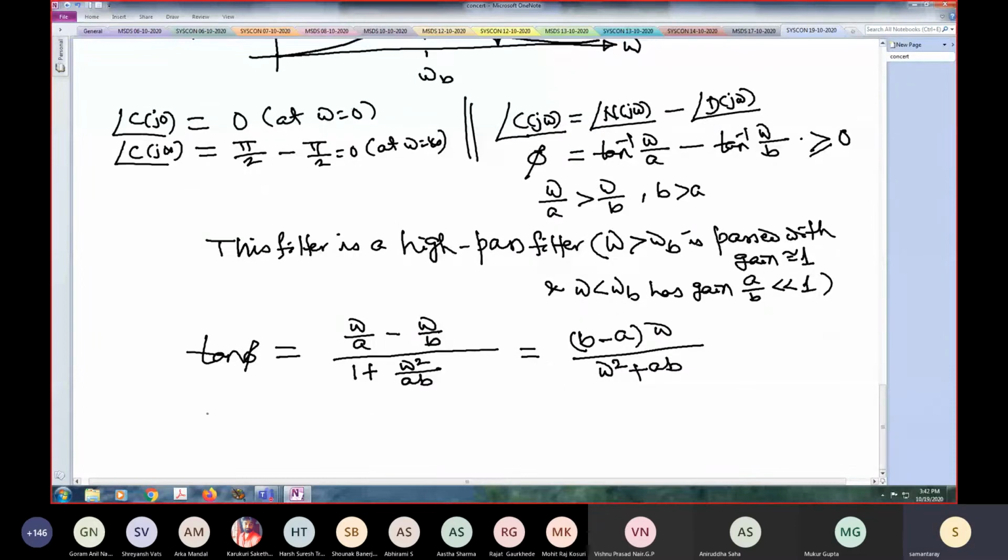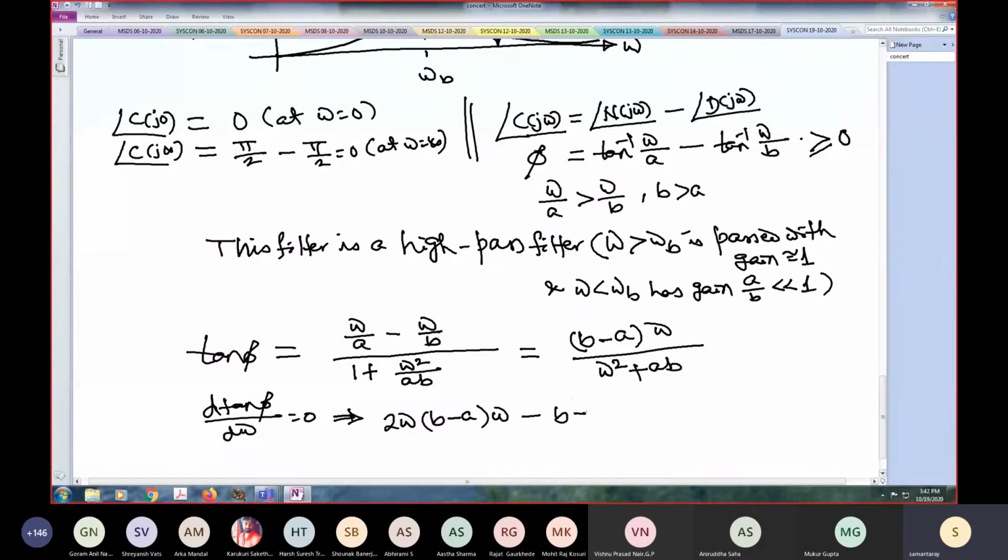So d tan phi by d omega is equal to 0. So we get twice omega into (B minus A) omega minus... this is B minus A... I have taken this one's derivative.